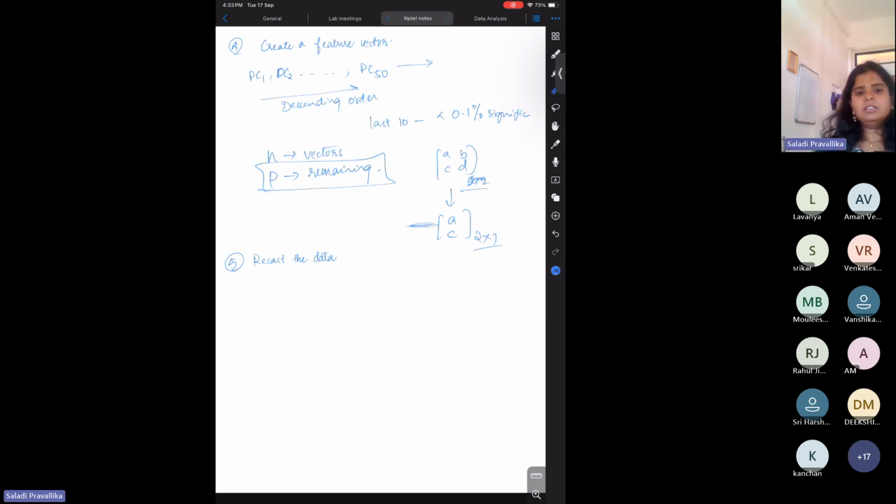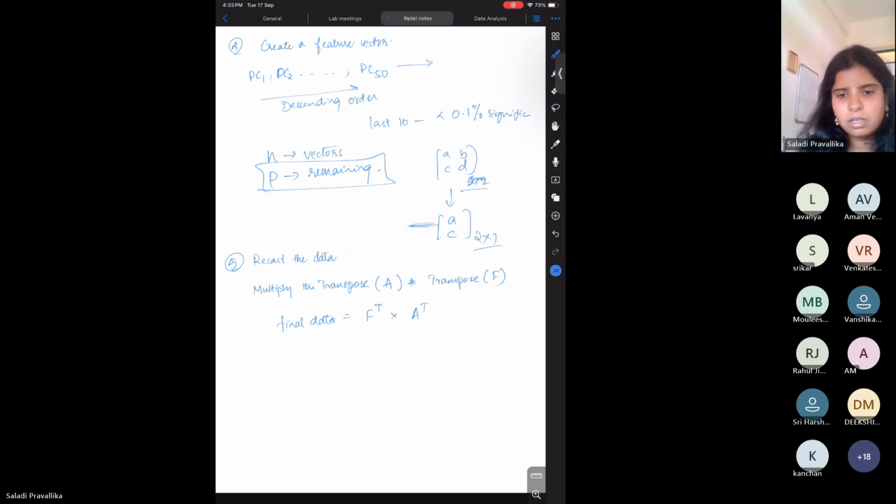This can be done by multiplying the transpose of the original data set, let us say the original is A, by the transpose of the feature vector, let us say it is F. So our final data set is going to be the feature vector transpose times the original data set transpose. So this is entirely about PCA.